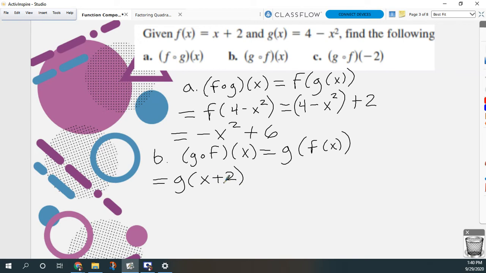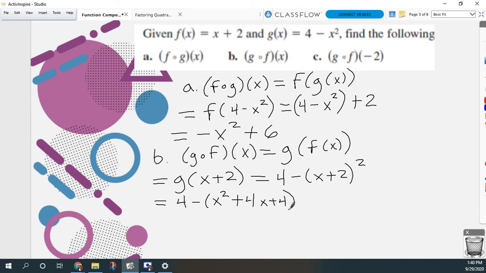I'm taking this x plus 2, and I'm going to paste it anywhere that I have an x in my g. So I end up with 4 minus the quantity x plus 2, squared. Hopefully we remember that quantity squared means that I cannot distribute that square. I do have to multiply it all out. So you end up with x squared plus 4x plus 4.